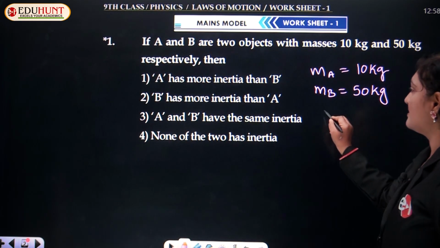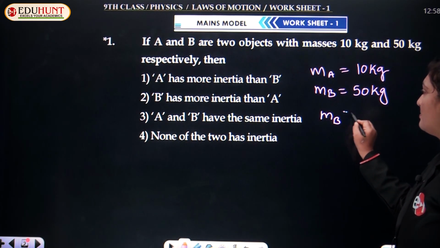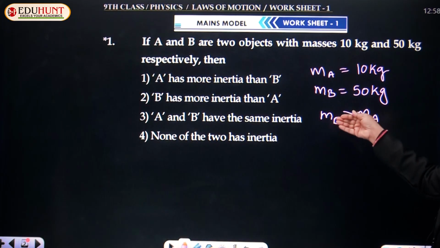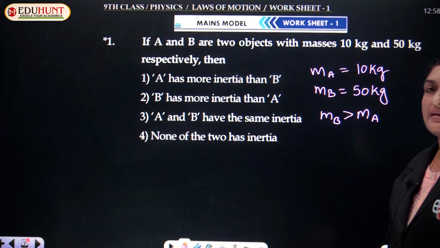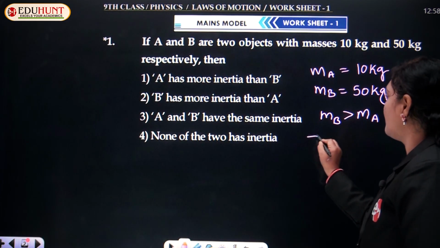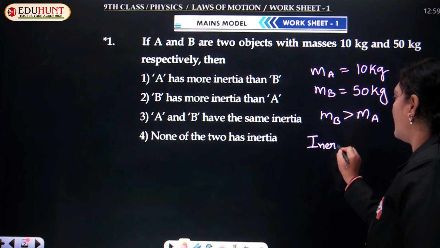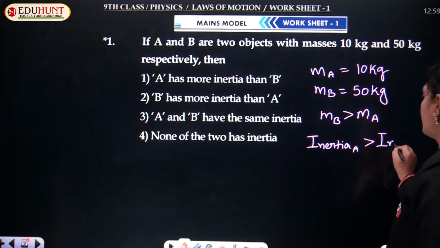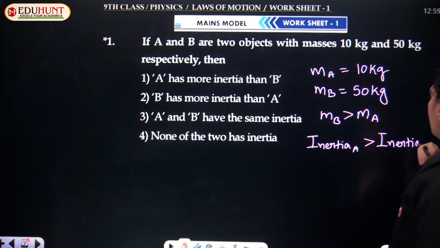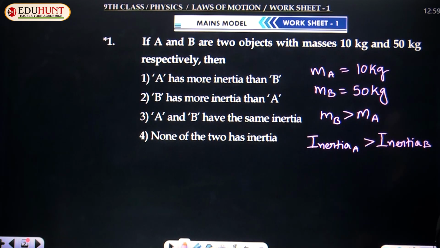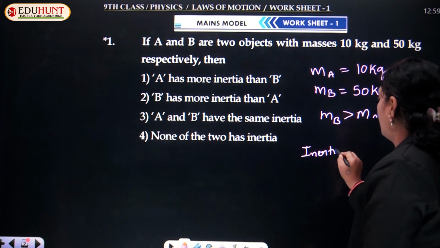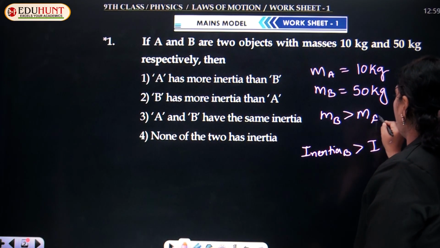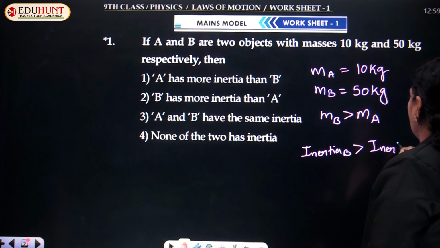Whose mass is larger, children? Very clearly we know that the mass of B is greater than the mass of A. As mass directly indicates the measure of inertia, this implies that the inertia of B is greater than the inertia of A. I hope the concept is clear, children.